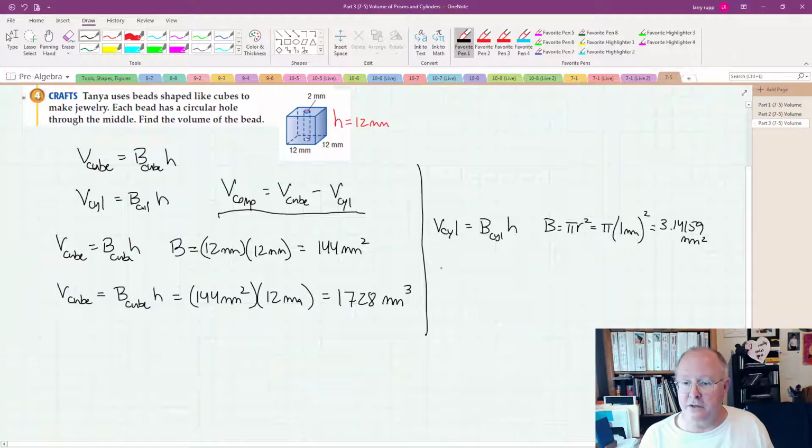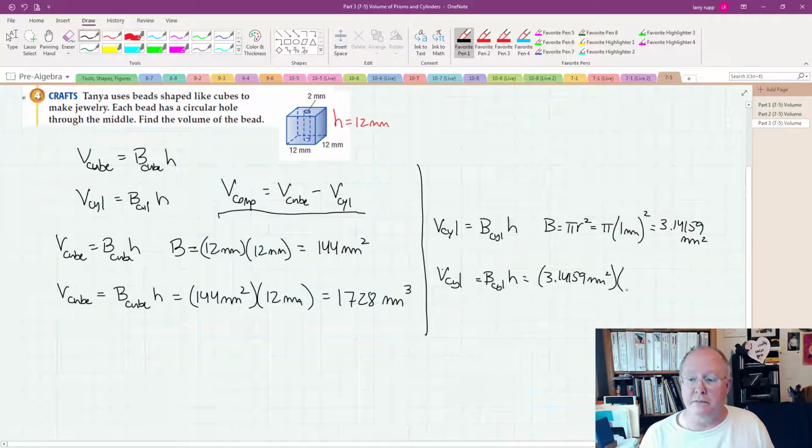So the volume of the cylinder, that little cylinder, the hole drilled through there, is the base of the cylinder times the height. The base of the cylinder now is 3.14159 millimeters squared. And what's the height? The height is the same as the cube, side length. That hole is as long as the cube is, so therefore the h is again 12 millimeters.